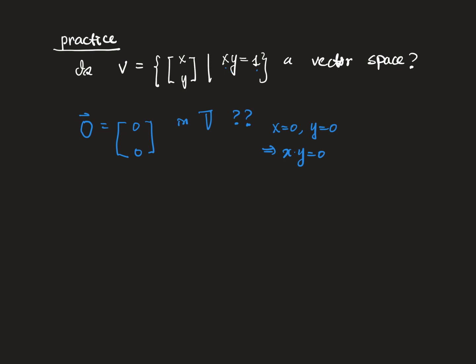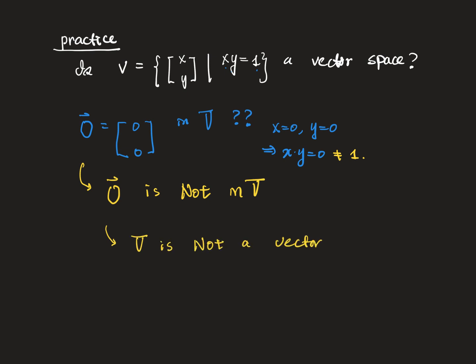It cannot be 1. So we say the zero vector is not in V. That violates axiom 4, guys, okay? So the conclusion is V is not a vector space. If you violate one axiom, we cannot say it is a vector space, guys. So keep practicing this kind of example and you're going to master it, guys.